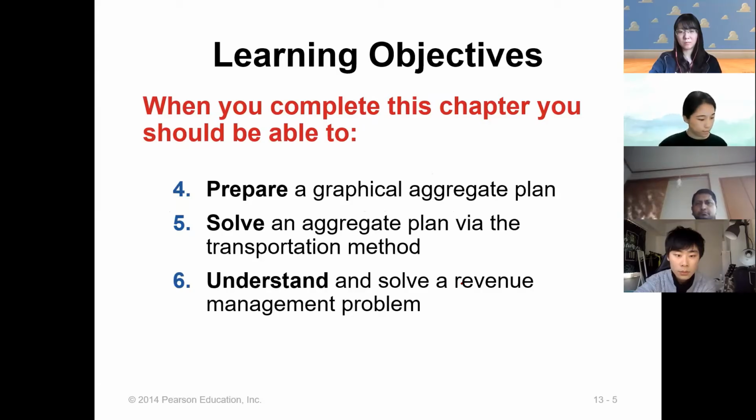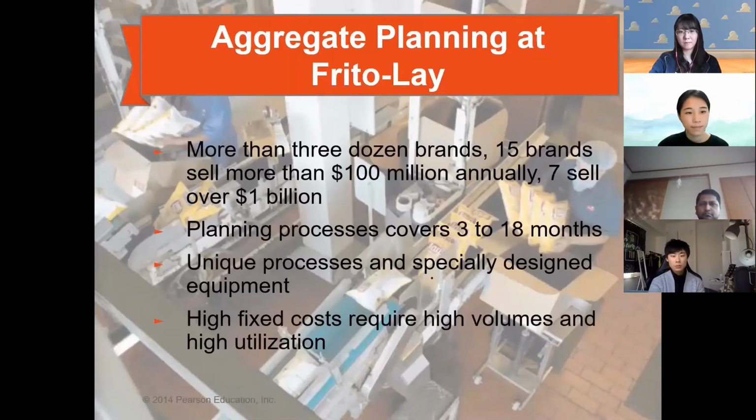I'm going to show you the graphical aggregate plan method, how to prepare that. And the transportation method, I'm not going to go into that detail. Just some ideas for you to know that you can also use linear programming to solve it. It's very mathematical. And also, like I mentioned just now, understand and solve a revenue management problem.